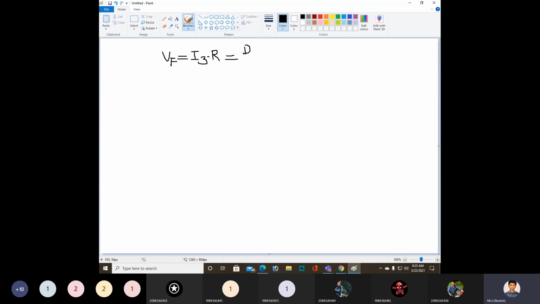So D3 by D into R. D3 is nothing but V naught R square, right? Here we have one more R, so V naught R cube by D.